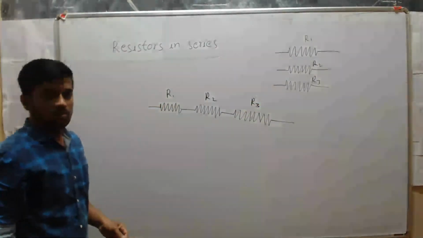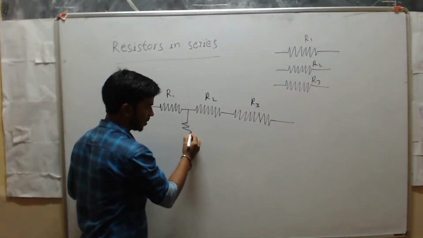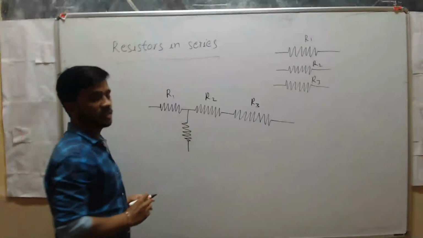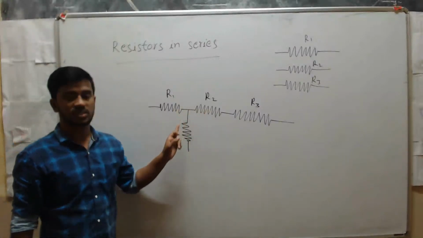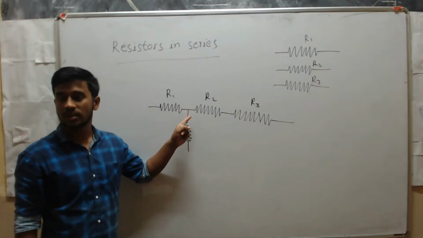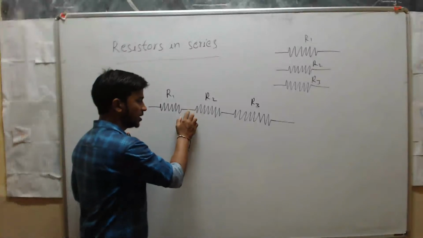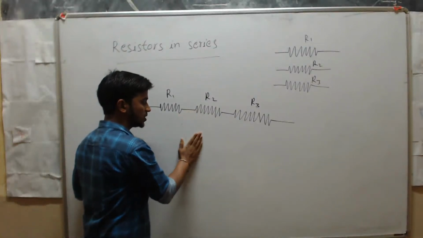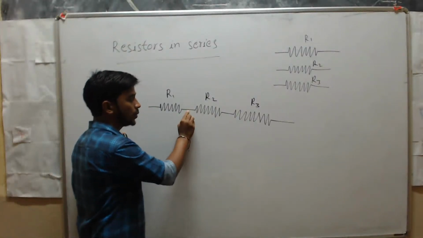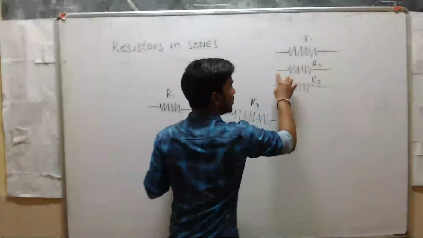Suppose you had one more resistor here like this, then we can't say these resistors are in series. Now these resistors are not in series. If you want to say the resistors are in series, then you should connect the end to end of the resistors. Here I have joined only two ends, this end and this end.